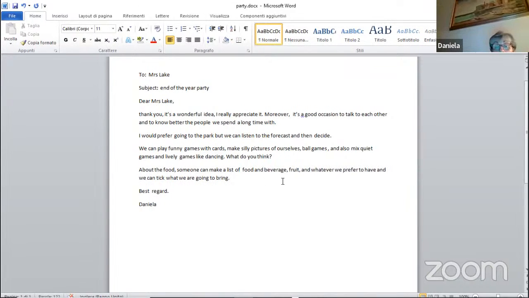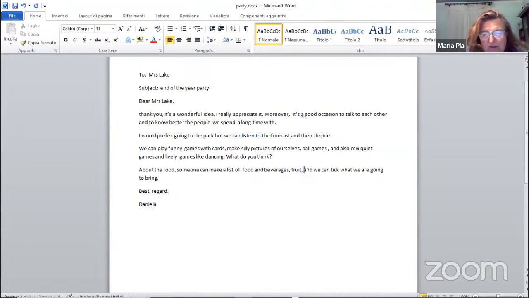And we can tick what we're going to put. Okay, let's see. 115 can be more reasonable, but still quite a lot. Well, but it's okay. Yes, 115. It's okay. Right.